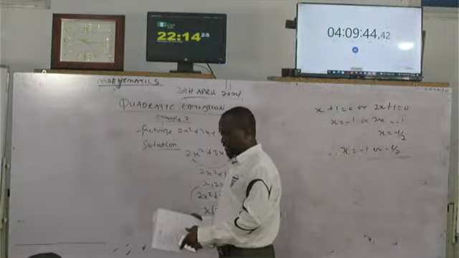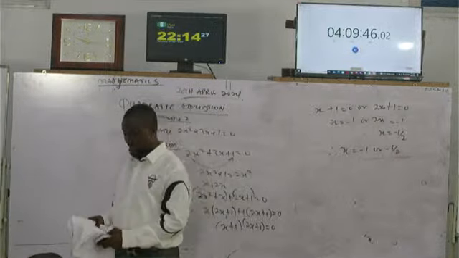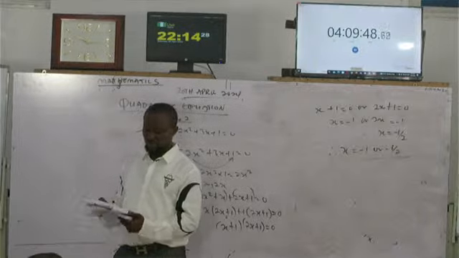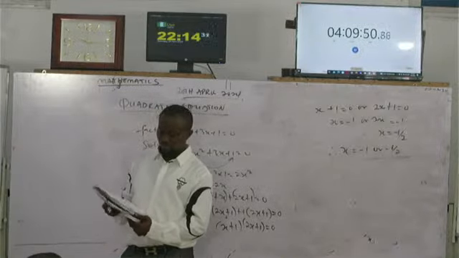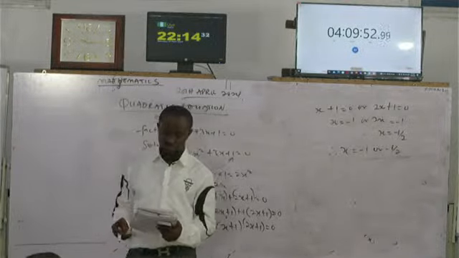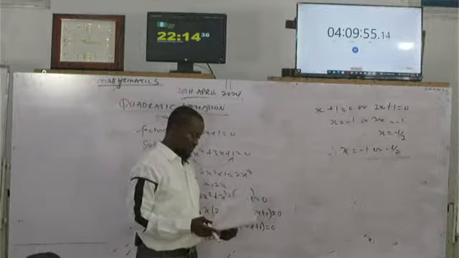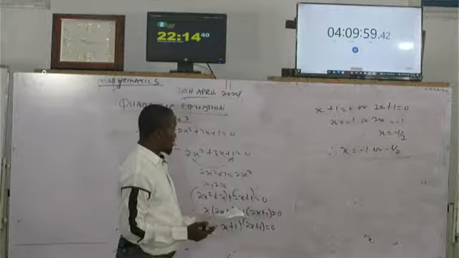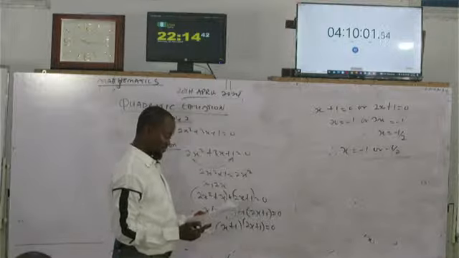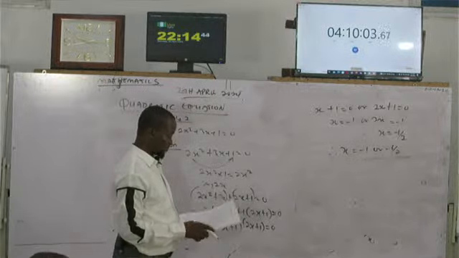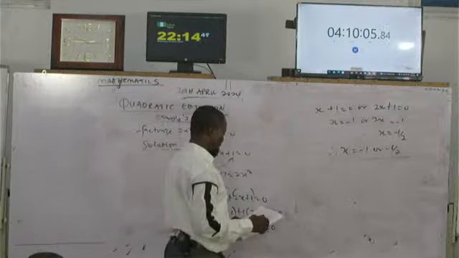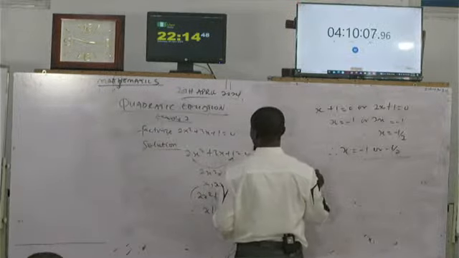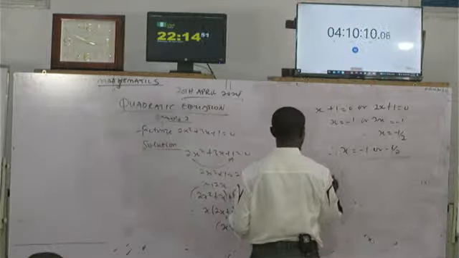So that's how we factorize if you have a coefficient higher than 1. So if you have something like this, that would be example 3.